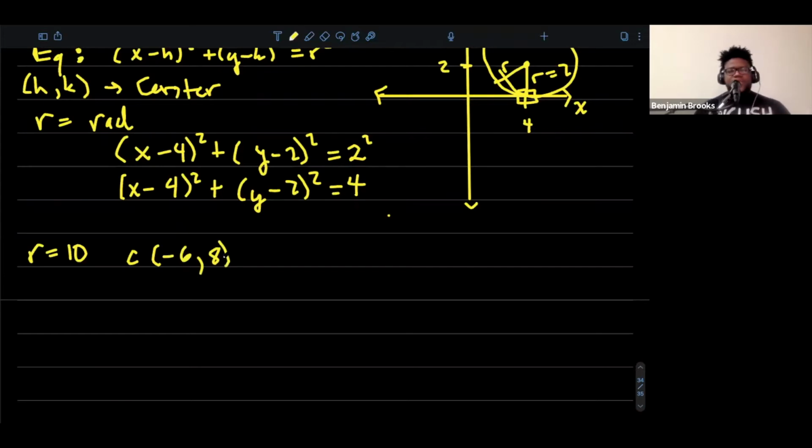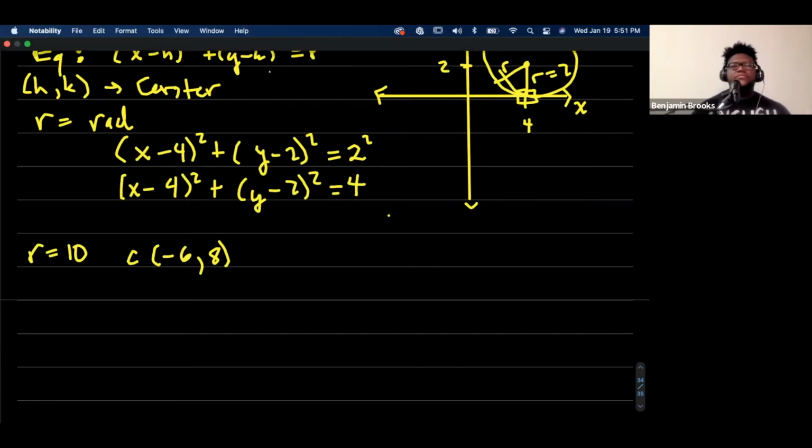So I'm going to give you just a minute. See if you can write an equation in standard form, whose center is -6, 8, and this radius is 10. I'm going to use a different color, I think.